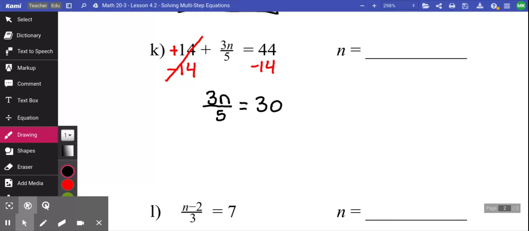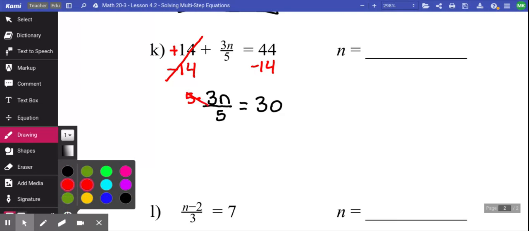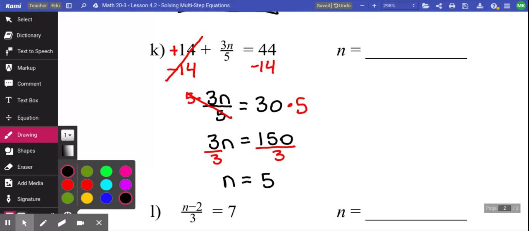I do that by multiplying by 5, so I multiply both sides by 5. That gives me 3n equals 150. And then I move the 3 by dividing by 3, which gives me n equals 50.